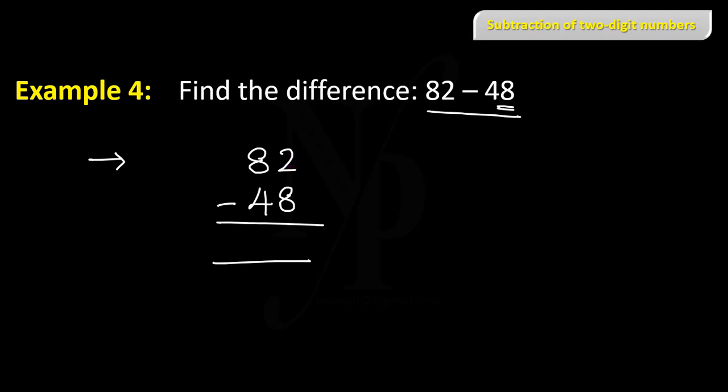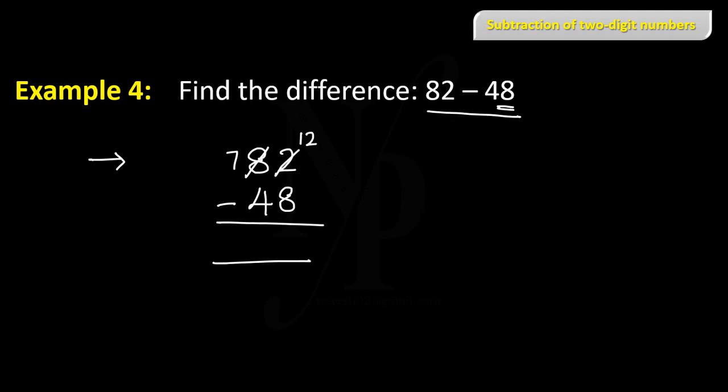Let us do that. I will strike out 8 here and write 7. We are regrouping 8 as 7 tens plus 1 ten, and 1 ten is borrowed to the ones column, so it becomes 12 here. Now we will subtract 8 from 12.